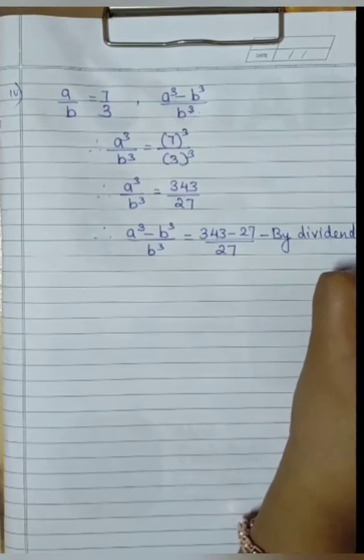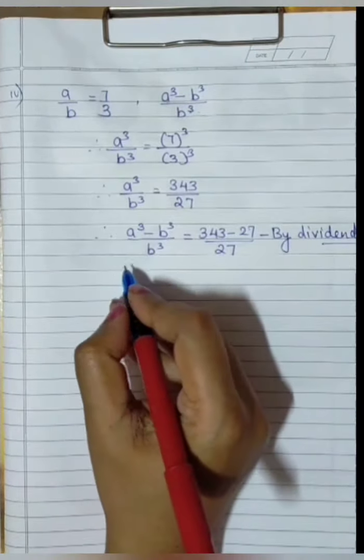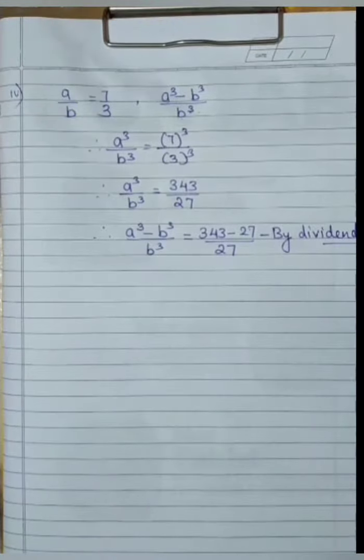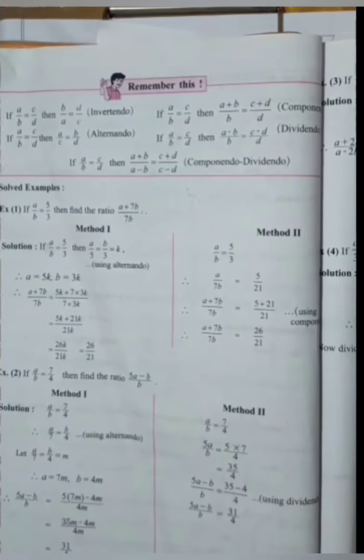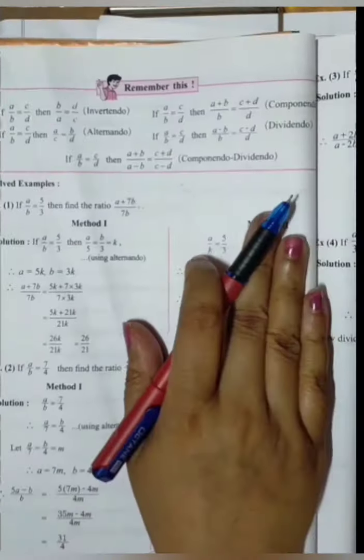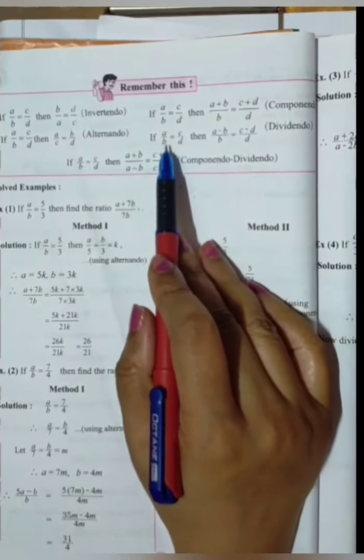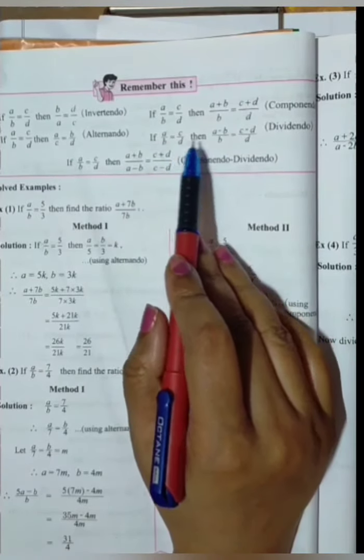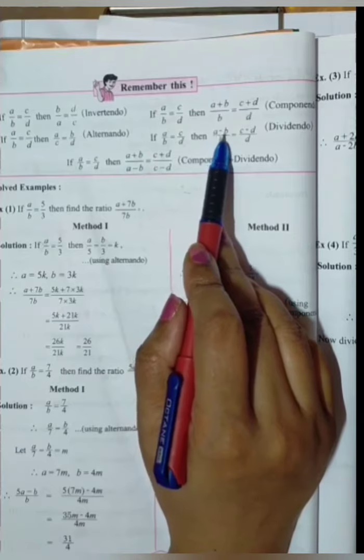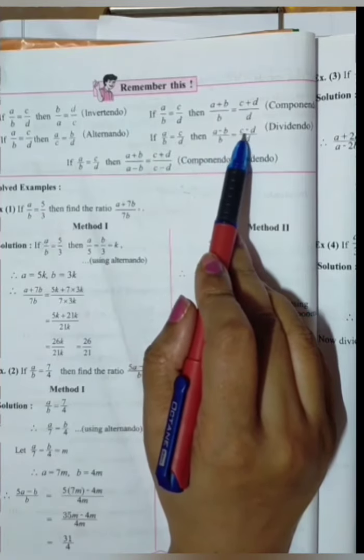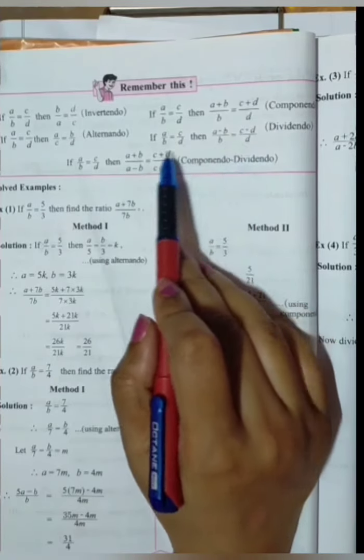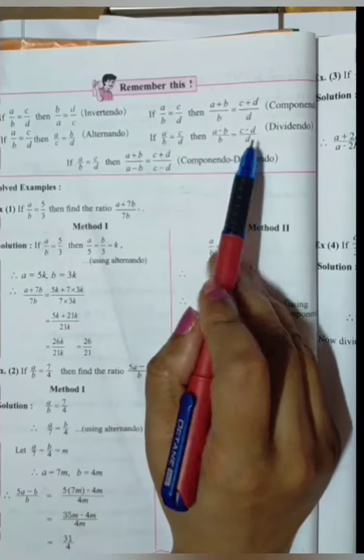Only dividendo we are going to use here. Now here textbook page number 66 it is given. Dividendo means, if A upon B is equal to C upon D, then A minus B upon B is equal to C minus D upon D. Okay, I hope you understood.